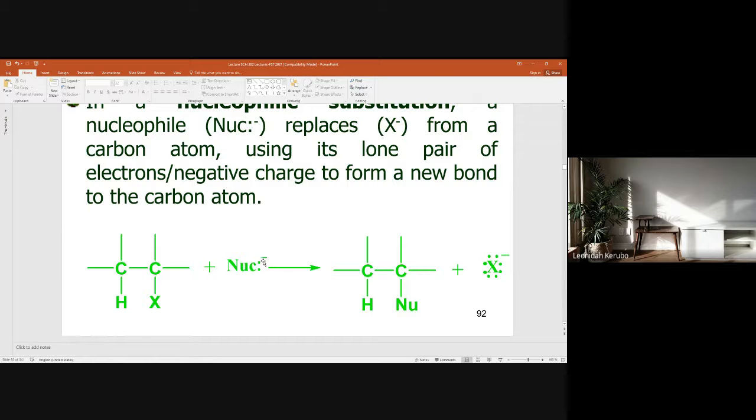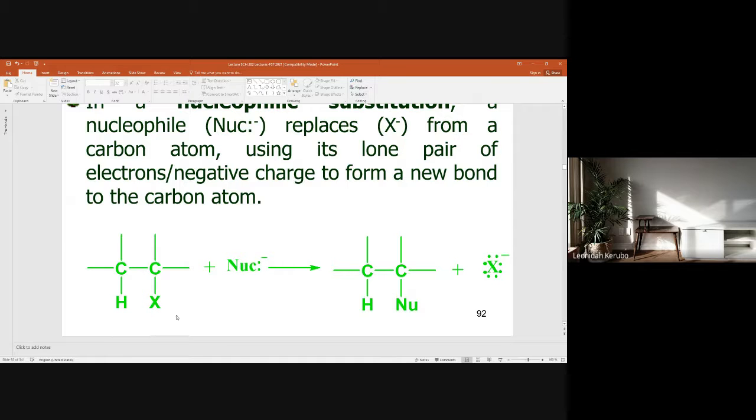There's a negative charge, so it has two electrons available for a covalent bond that it can easily form with an electron-lacking species, like in this case this carbon bonded to the halogen. It is electrophilic because the electronegativity of the two atoms is not similar, with halogens being more electronegative, and therefore the electron density will always be pulled towards the halogen.